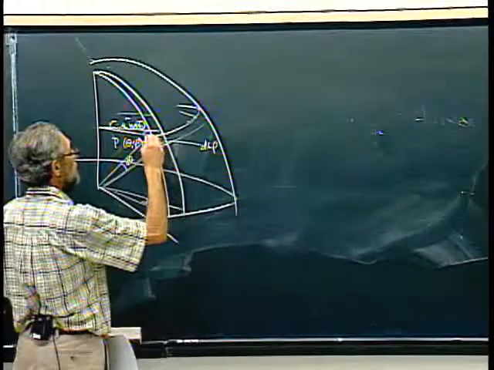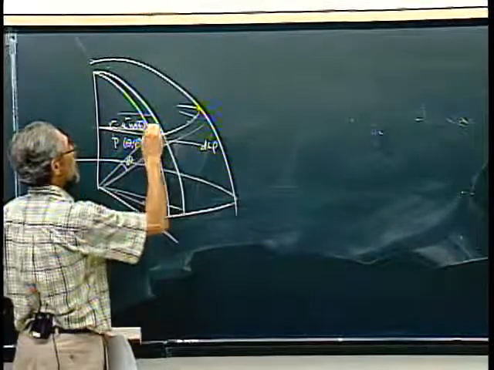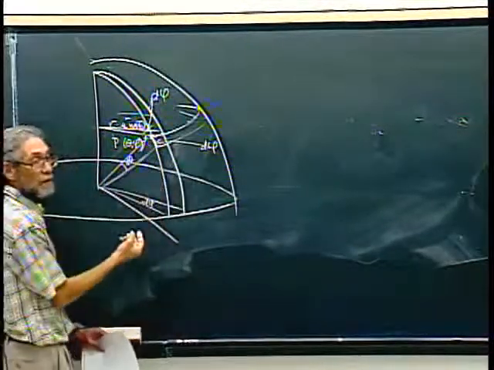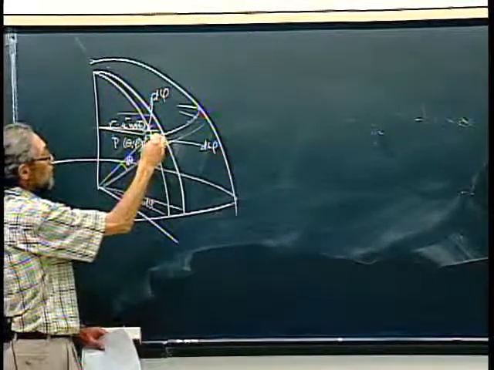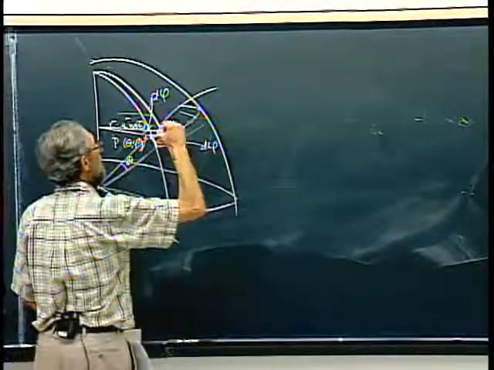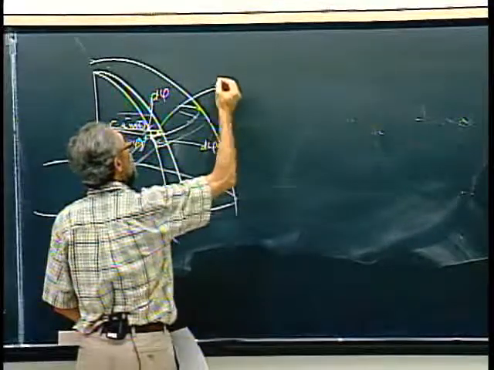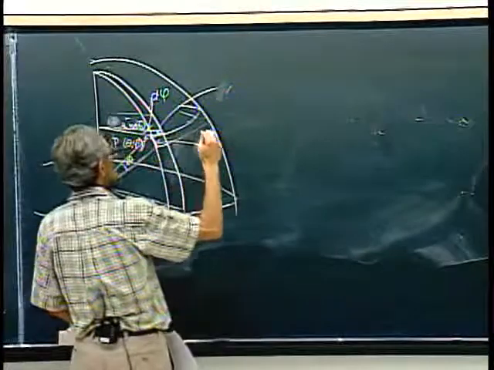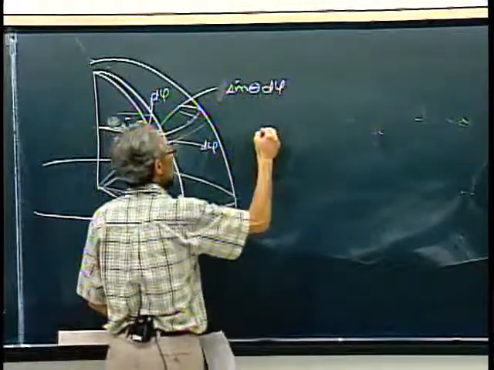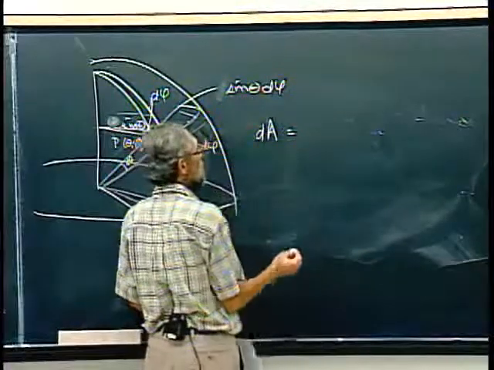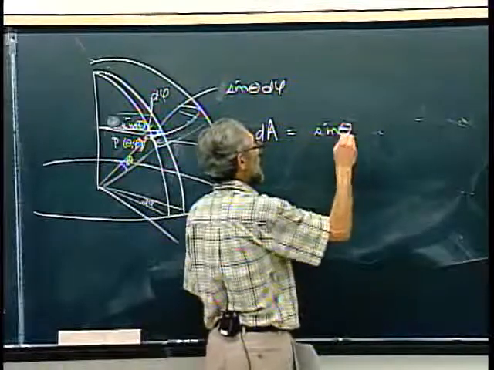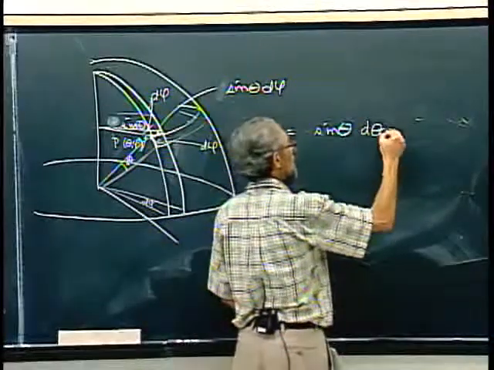There's no room for the letters, so I'll just try and indicate it by arrows pointing from both sides. D phi is this little angle. Then this piece of arc has length r, well, r is 1, right, because it was a unit sphere. So it's just sine theta d phi.